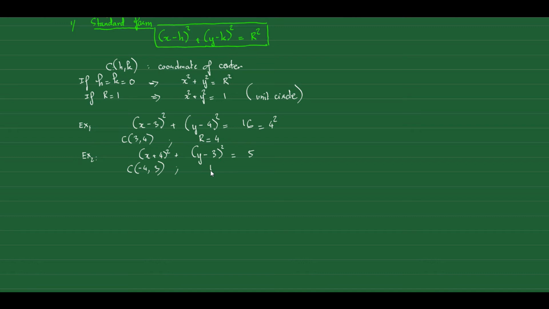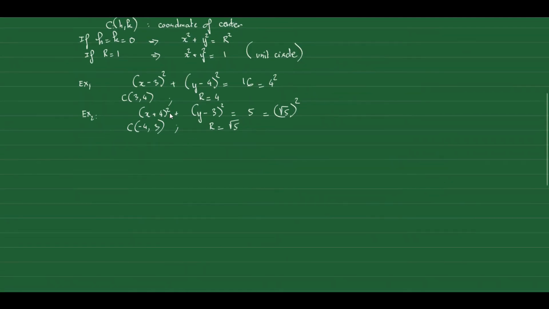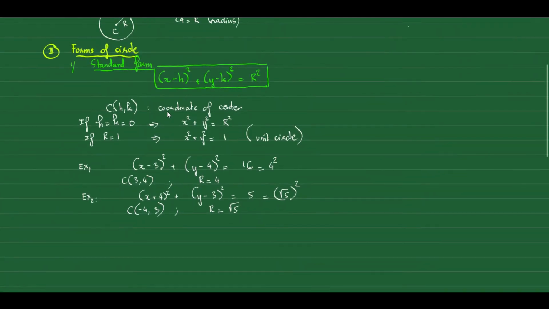But the radius will be the square root of 5, because if you put this in square form, it will be the square root of 5, squared. So the radius is not 5, but the square root of 5. So that gives you some examples of the equation of a circle in two variables x and y in standard form.